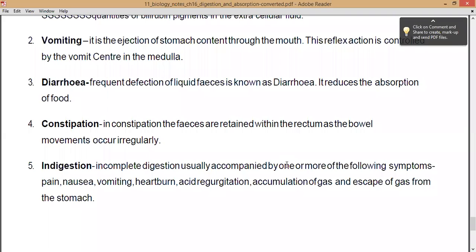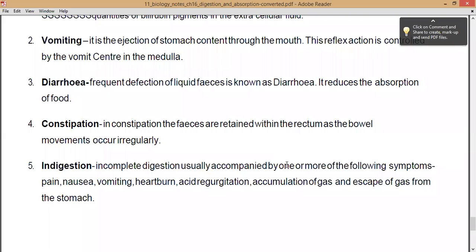And the last one is indigestion, that is incomplete digestion, right? Sometimes what happens is, if you have the least amount of hunger and you are eating more, then your body is not able to cope with your digestive system, that is, whatever you have eaten, right?